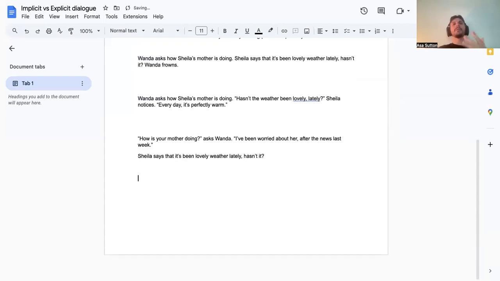One of the places this comes up a lot is world building or explaining, right? When you have a character who's being caught up to speed on events and they're talking about it, it's like Marco. What's an example of this?